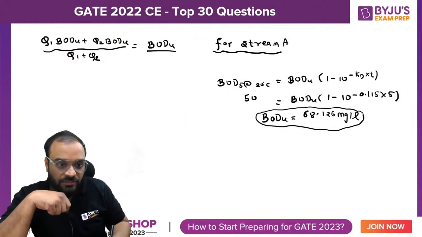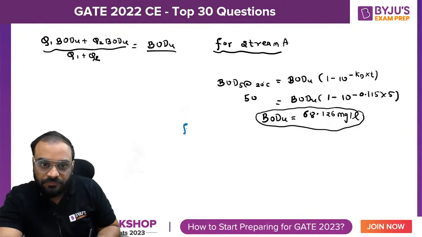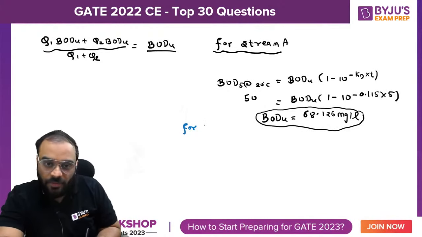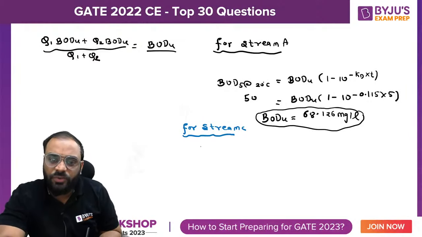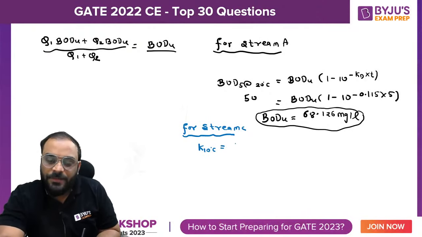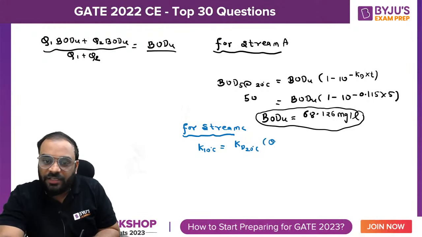So for stream C, first we need to calculate the KD value at 10 degrees centigrade. That will be KD value at 20 degrees centigrade, theta raised to T minus 20, correct?